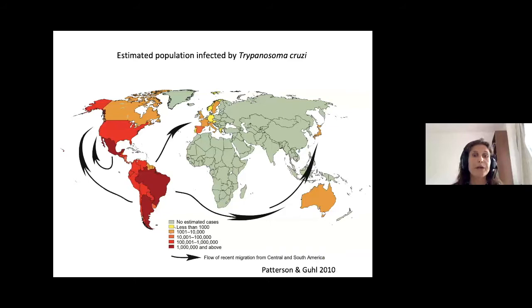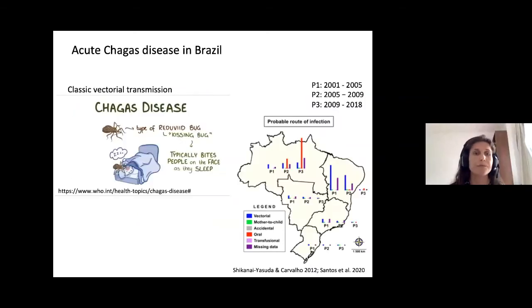And this is the geographical distribution of Chagas disease in the world. And you can see that Brazil is considered an endemic area and also has a high prevalence of this disease. In Brazil, the vectorial transmission mechanism has been the main route of human infections since the discovery of Chagas disease.